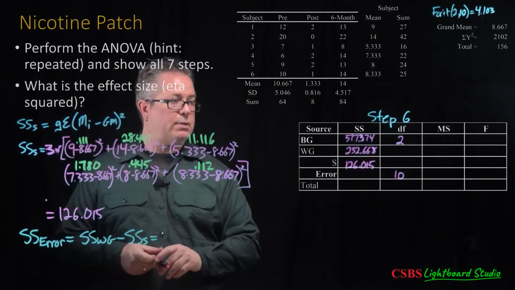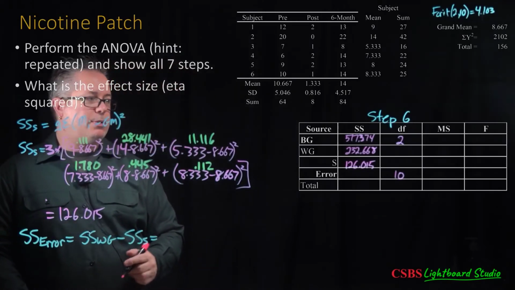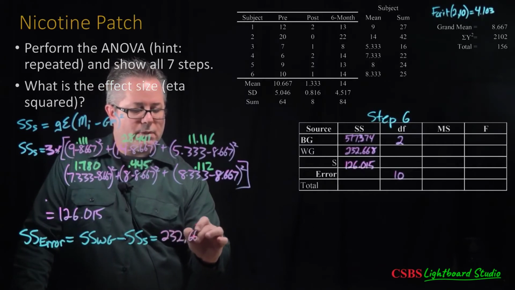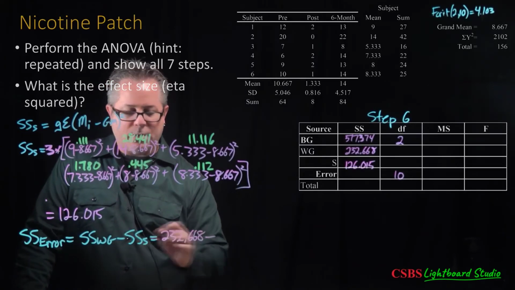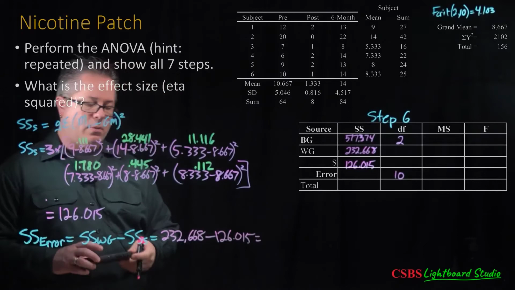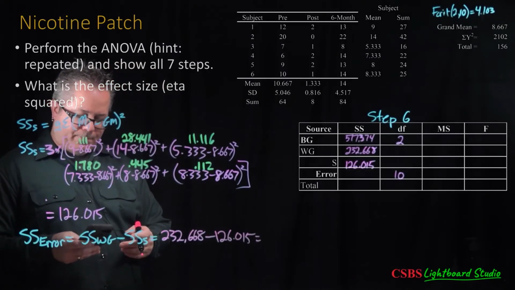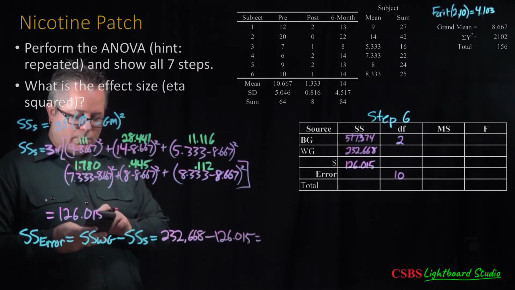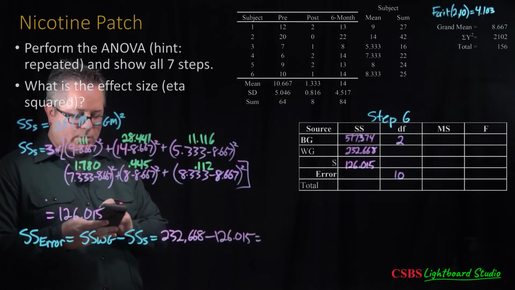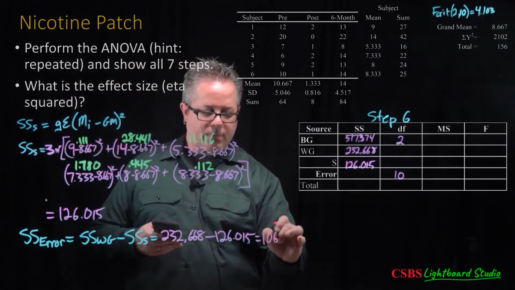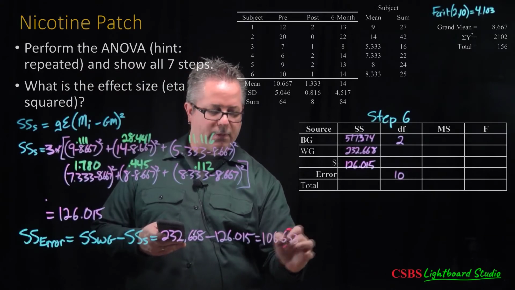So that means it is 232.668 minus 126.015 equals 106.653.